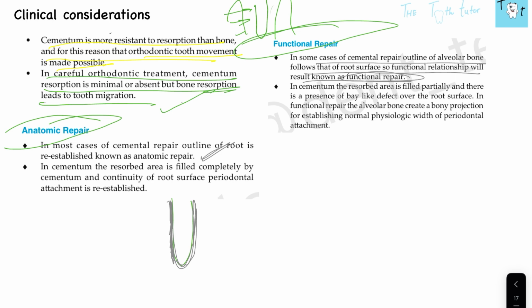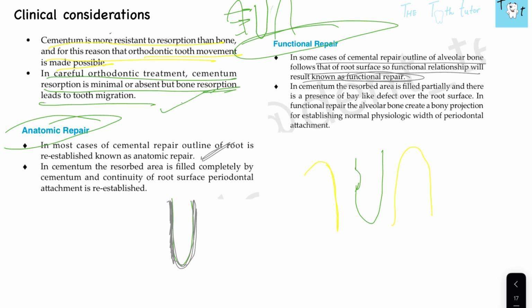In here, I have this root and I have an alveolar bone, right? The cementum will be formed in a way that supports the function of the tooth. Let's say I have a defect in here. I have some resorption in here.